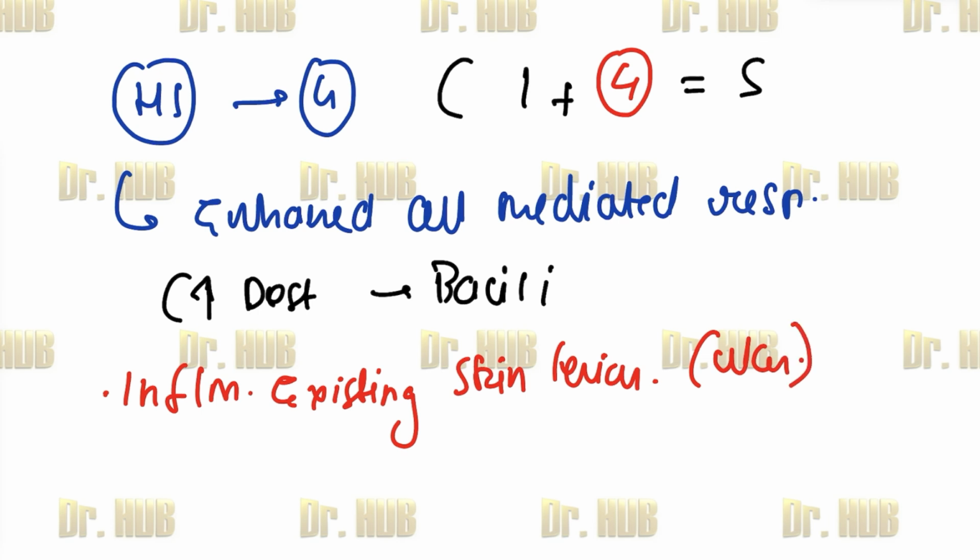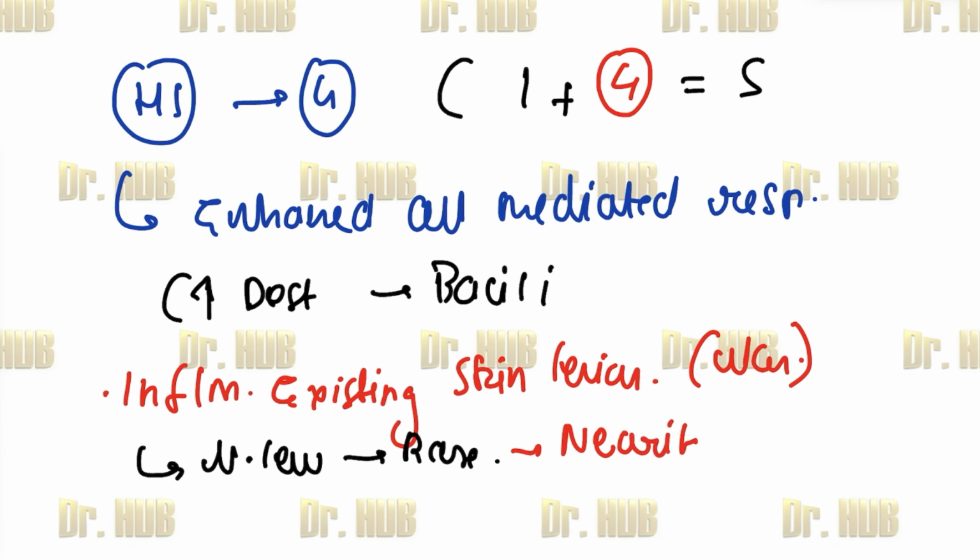New lesions may occur, but it is very rare. And there can be neuritis plus nerve abscess as well.